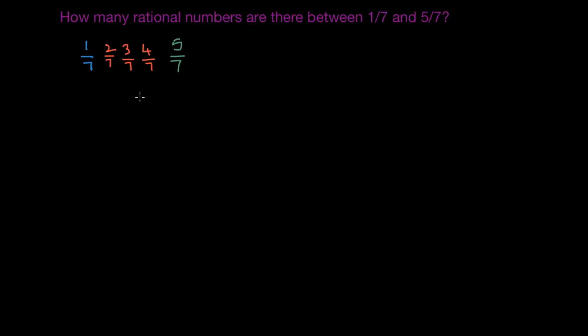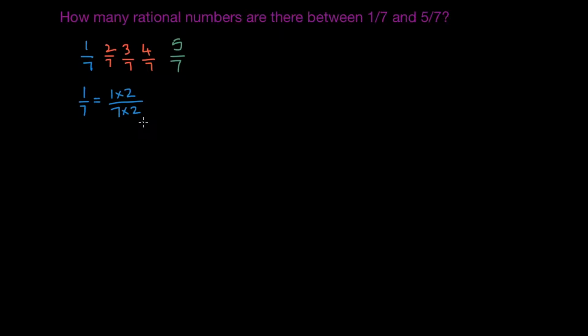Let's look at equivalent forms of the two given rational numbers. So 1 by 7 is also equal to 1 times 2 divided by 7 times 2. So I'm multiplying both the numerator and the denominator by 2.